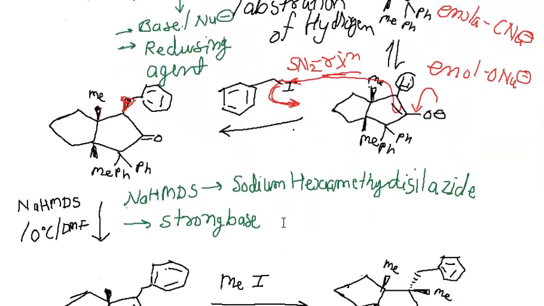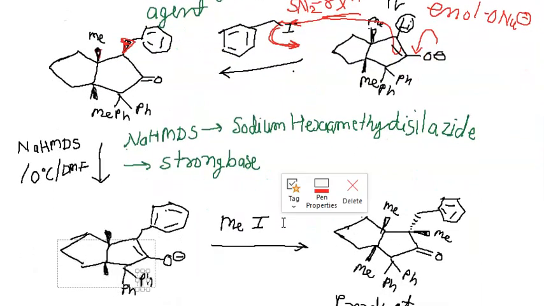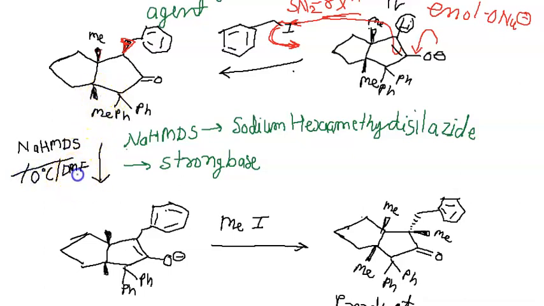In the next step, a further base is given. We know that a strong base has a tendency to abstract the more acidic hydrogen.